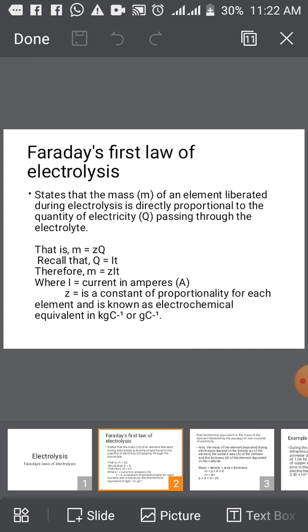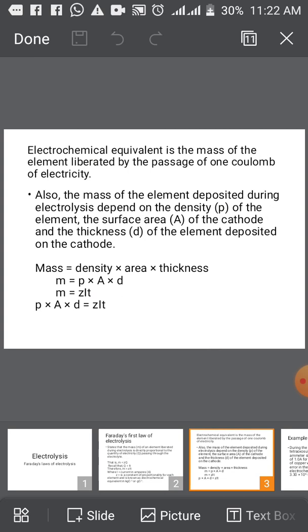The unit is kilogram per coulomb or grams per coulomb. Electrochemical equivalent is the mass of the element liberated by the passage of 1 coulomb of electricity.